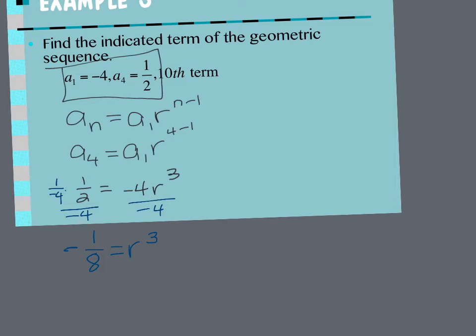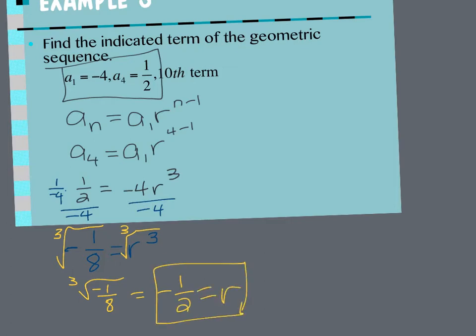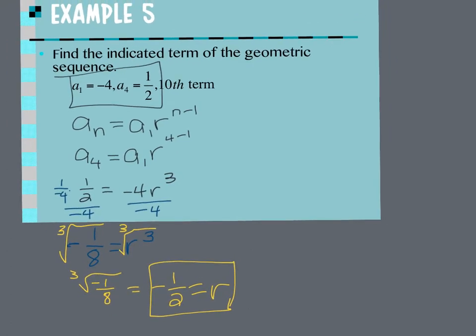Cube root it. So the cube root of negative 1/8 would be what? Negative 1/2. That's your R. So that gets us what we need in order to find the equation, which will get us to the 10th term, which is our goal.